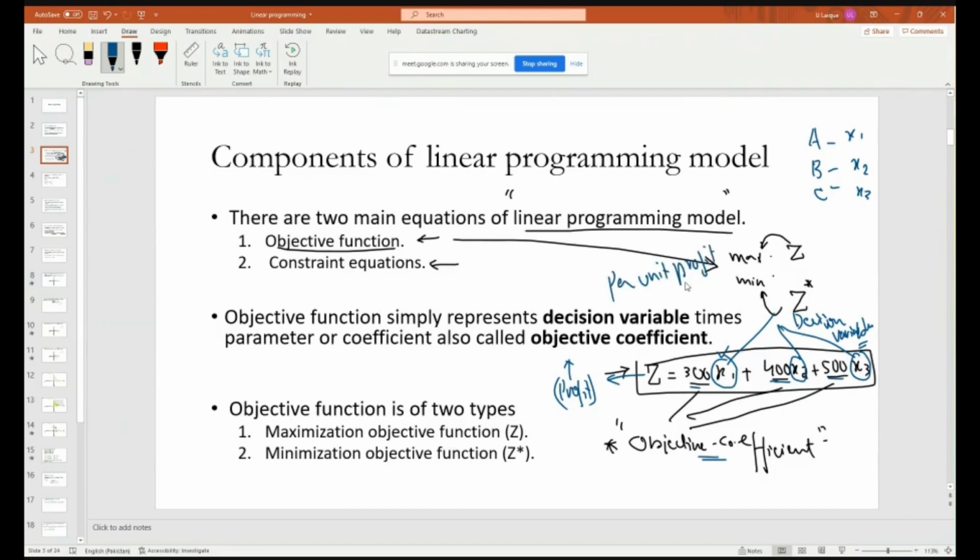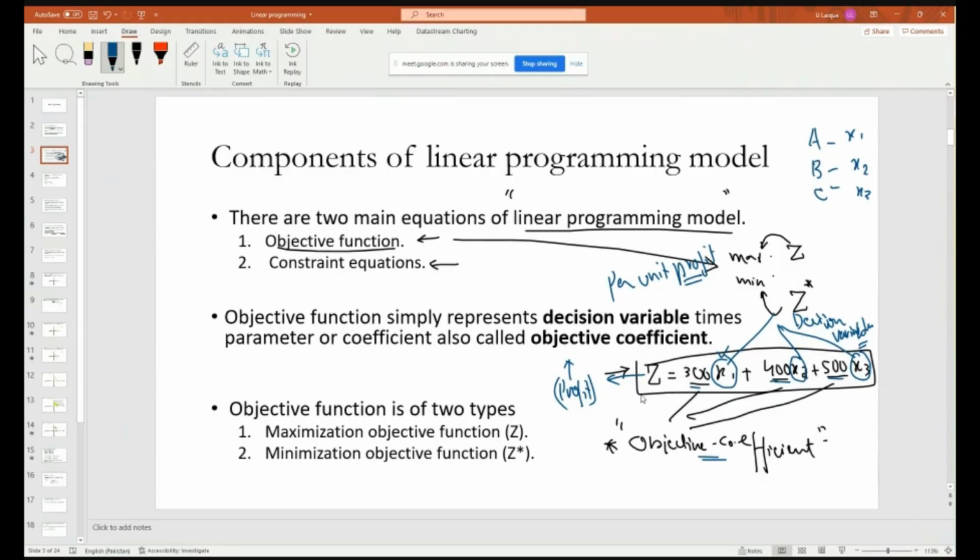So if it's a profit maximization linear function, or, for instance, a productivity maximization function, or in a minimization context a cost minimization function, then these coefficients become per unit cost.